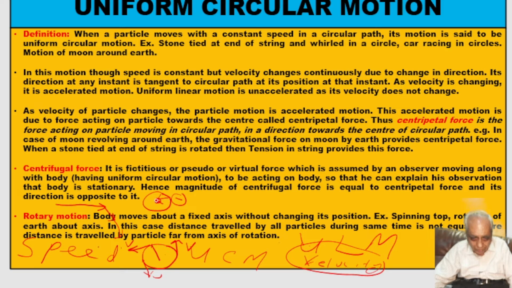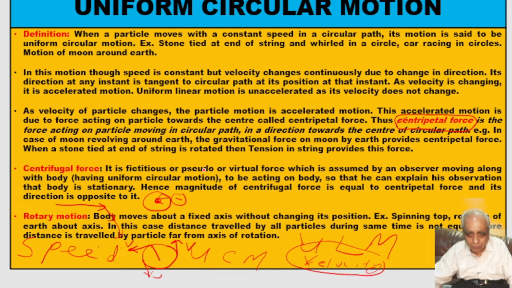The direction of this line toward the center is changing, so the force direction is also changing, but the magnitude of the force remains the same. This force which acts on the body so that it will move in a circle is called centripetal force. So centripetal force is acting on the body so that the body will move in a circular path.